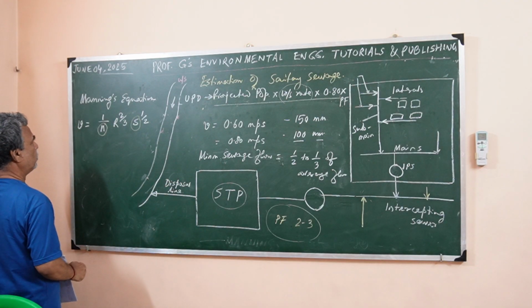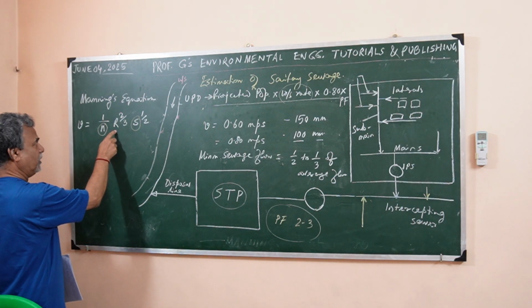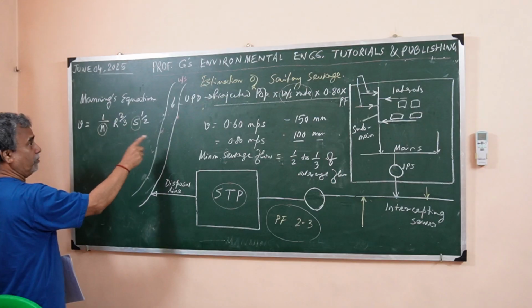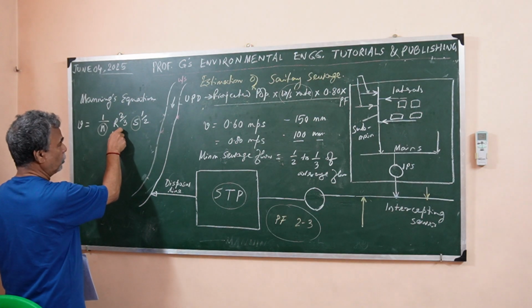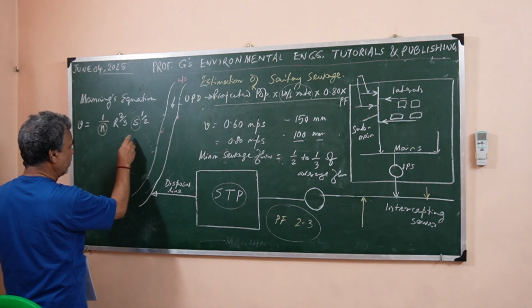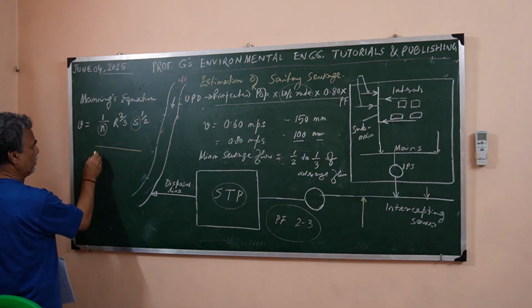So what you will do is, once you choose the diameter, then for that diameter, any diameter when you choose, you see the gradient that would be there. This is the pipeline, say.